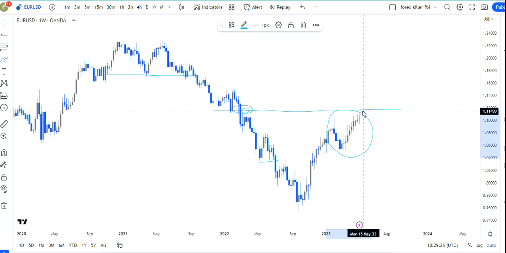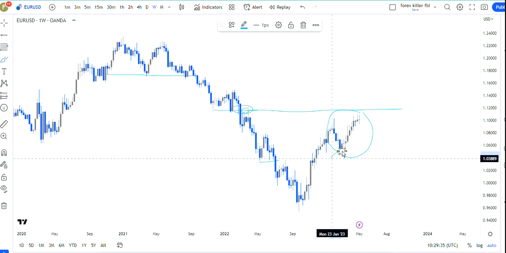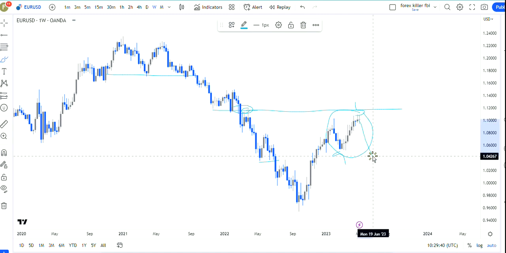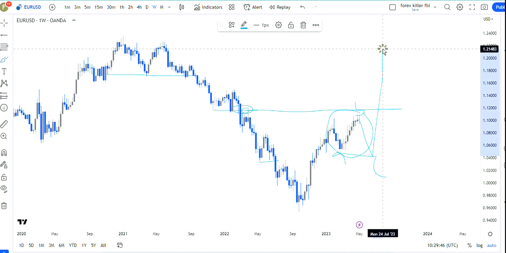So here, as I can see, we can be having a flat correction. This will be A, this will be B, and we will be moving to create C. This will be C here, and after here, the market will be moving up. Then our mission is to complete this correction inside, because this is the weekly time frame.